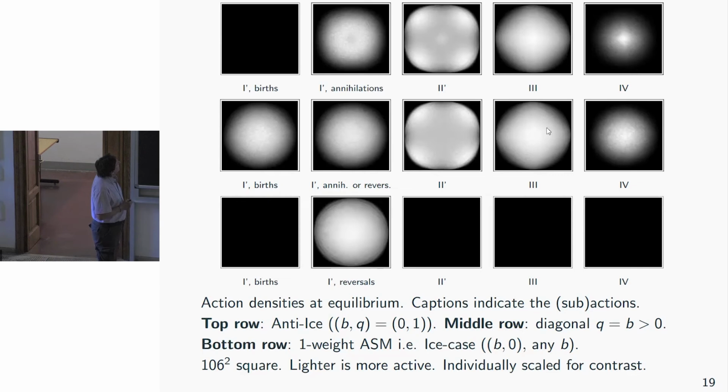Okay, so then what about the top? The top is the anti-ice that I advertised a moment ago. Now, B was 0 there, so there were no births of these oriented cycles. So that's why this is blank.